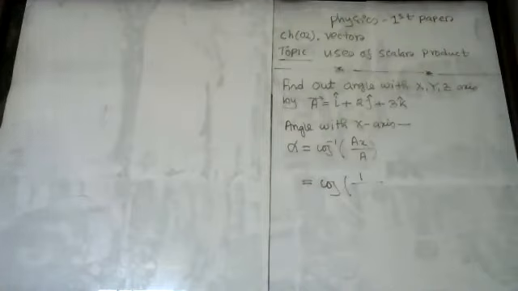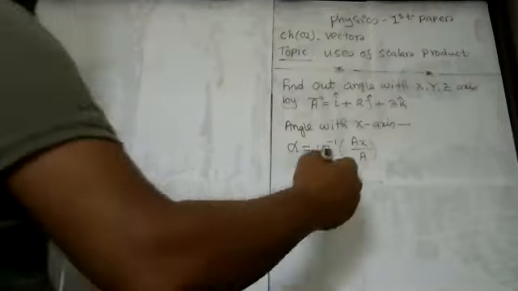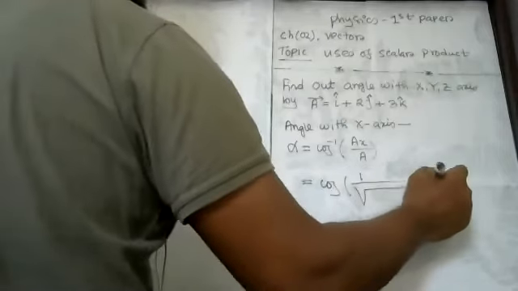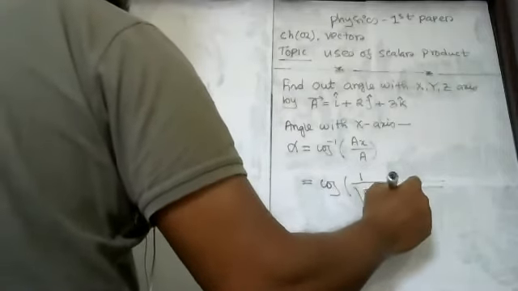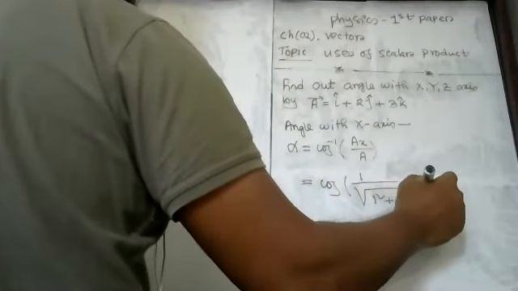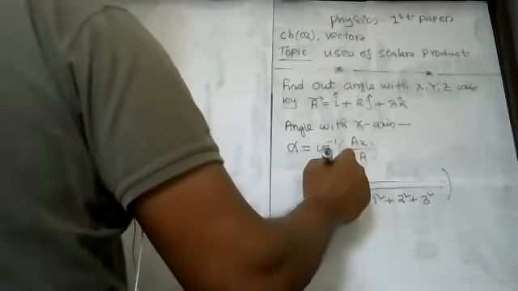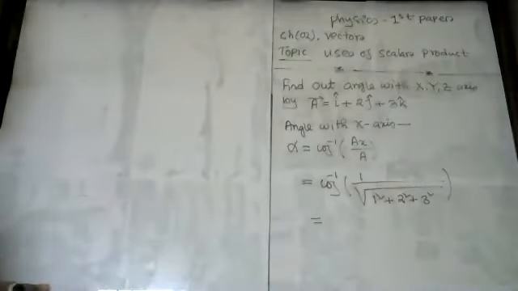Now, what's the value of a, my dear student? You need to find out this. So it will be equal to root over 1 square plus 2 square plus 3 square. So this is alpha.